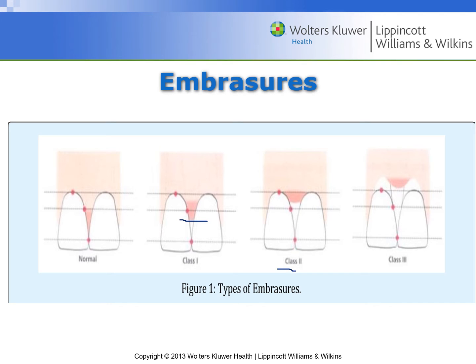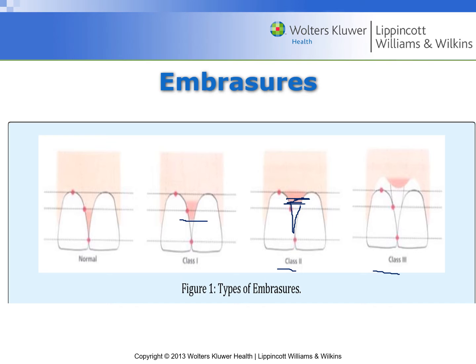A class two embrasure would be if there's a lot more space. It can be even down here a little bit, and you have a lot more space, and you could put a toothpick through, but it's a loss of papilla there. Class 3 is a complete loss of the papilla.